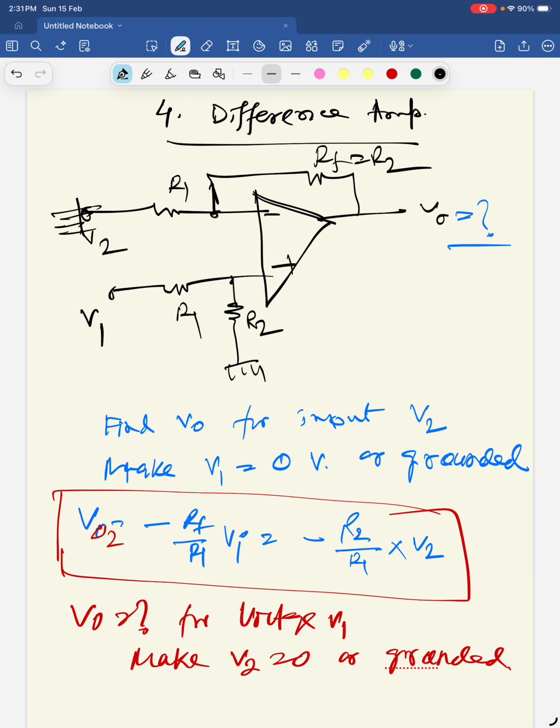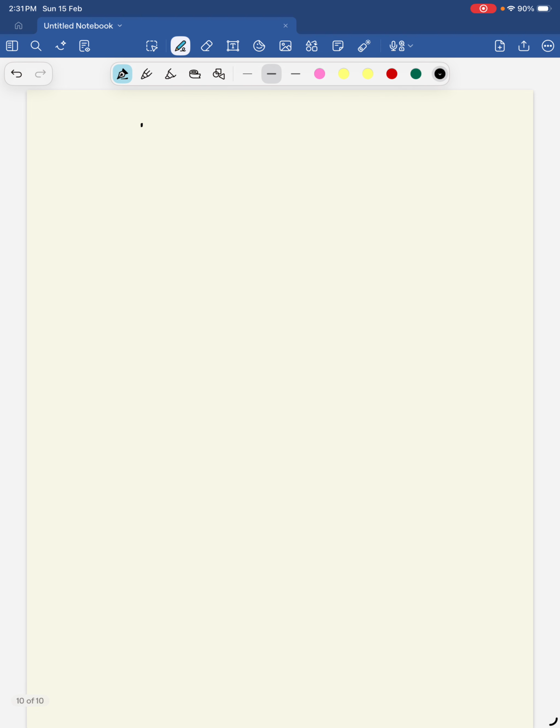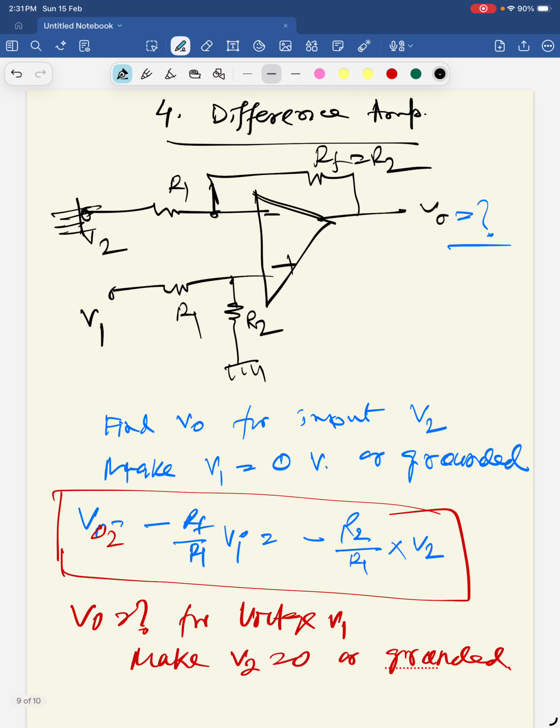Now this op-amp behaves as a non-inverting amplifier. It behaves as a non-inverting amplifier because this is grounded and the source is applied at the non-inverting terminal. Now we know that this voltage and this voltage are the same for the virtual ground concept. So if it is A and B, we have to find out VB.